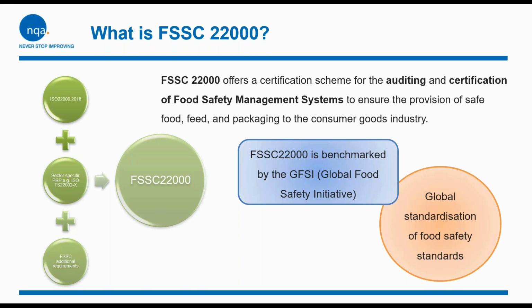FSSC 22000 consists of 3 elements: ISO 22000:2018, plus the sector-specific PRP technical standard, for example, ISO 22002 Part 1 for food manufacturing, plus the FSSC additional requirements.